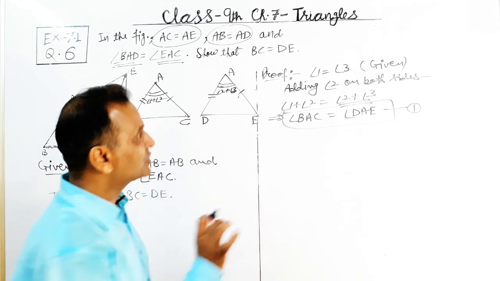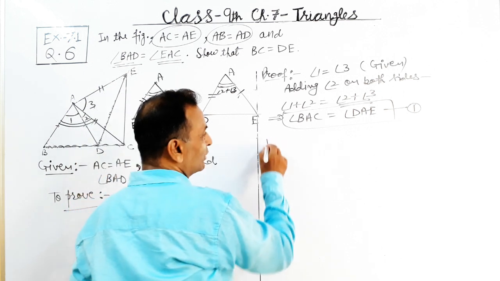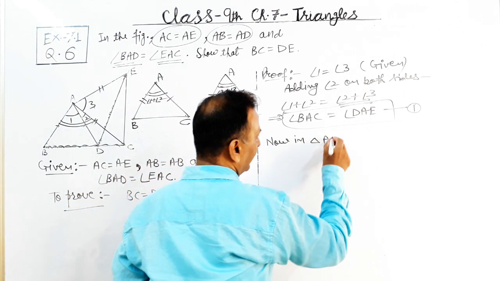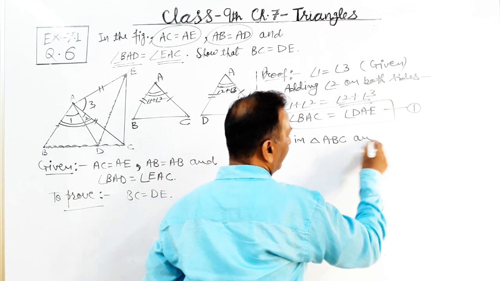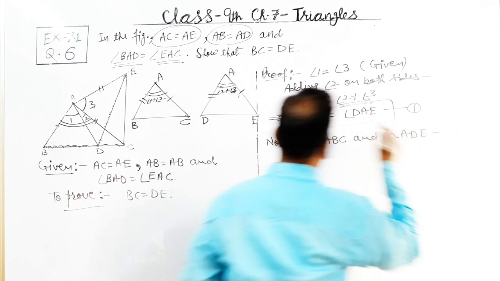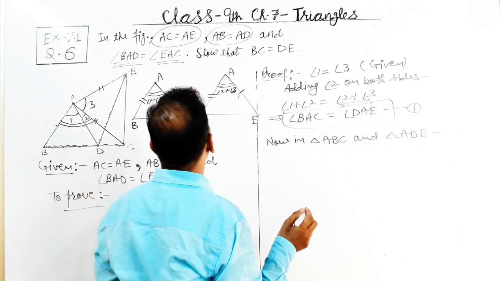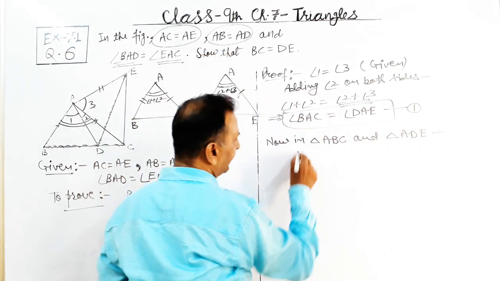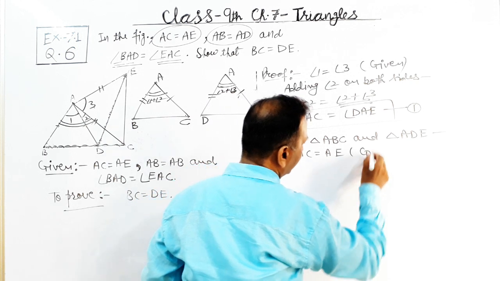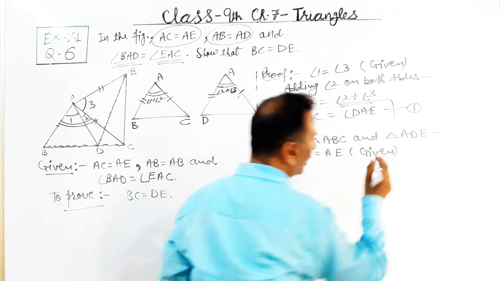Okay? And now start proving these two triangles congruent to each other. So now in triangle ABC and the other triangle ADE, the sides which we already have equal to each other: AC equals AE, because it is already given in the statement of the question.